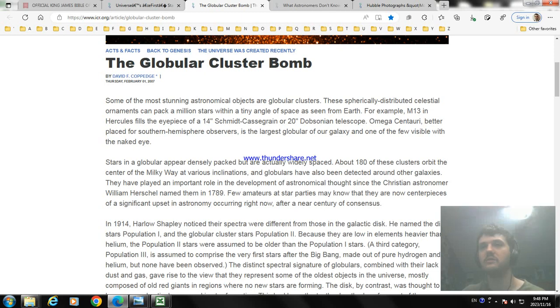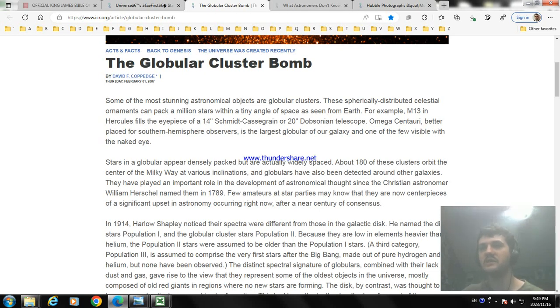Stars within a globular appear to be packed together but are actually widely spaced. About 180 of these globular clusters orbit the center of the Milky Way at various inclinations, and globulars have been detected around other galaxies.